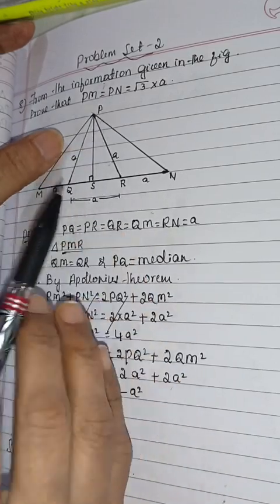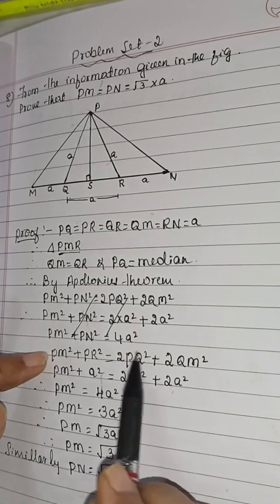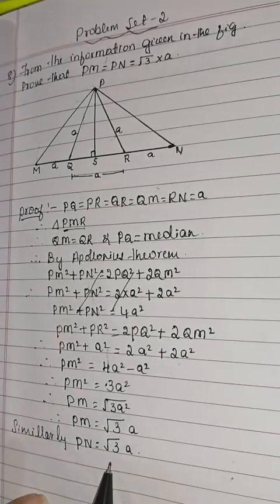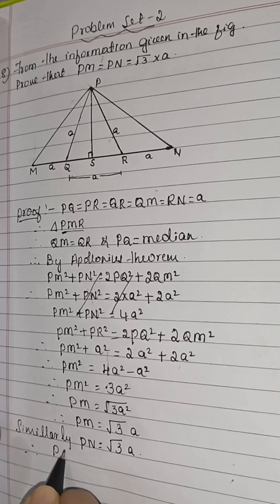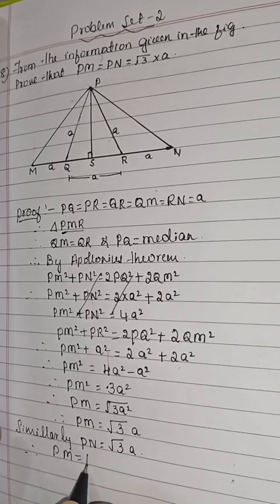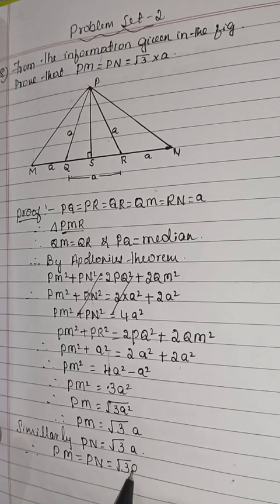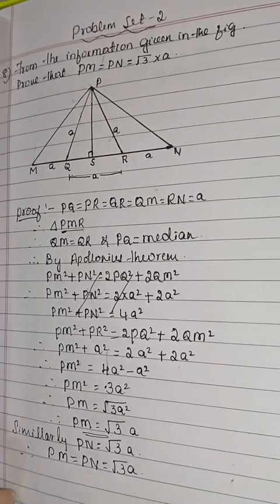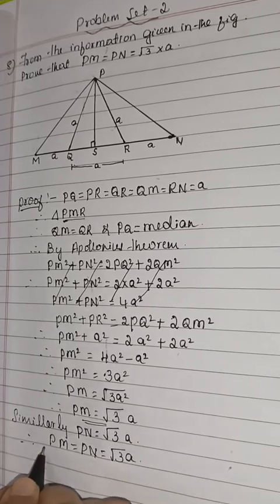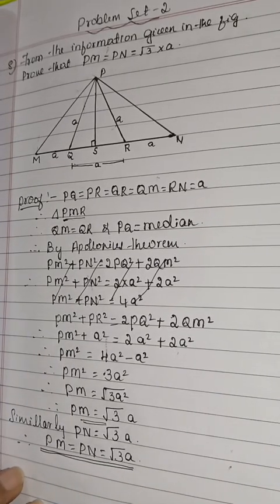In this way, using the Apollonius theorem, in the same way we will get PN equals root 3 a. Therefore, PM equals PN equals root 3 a. This is the answer.